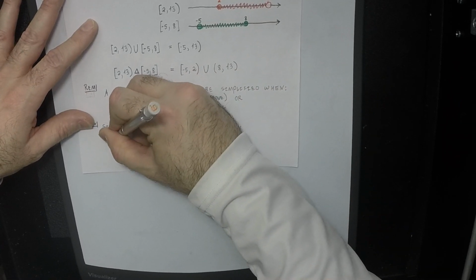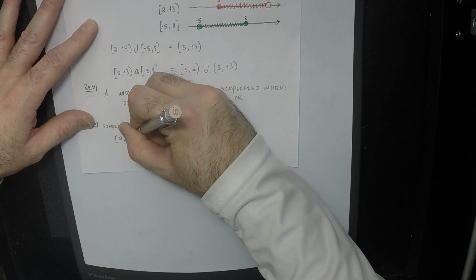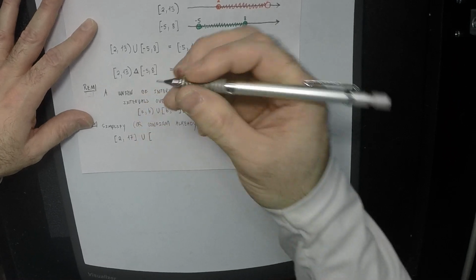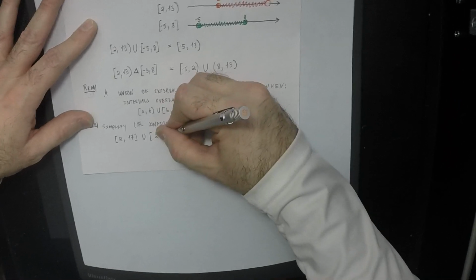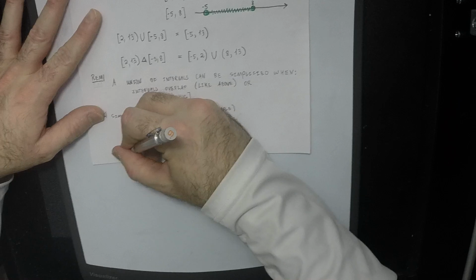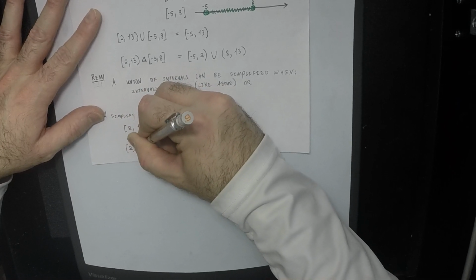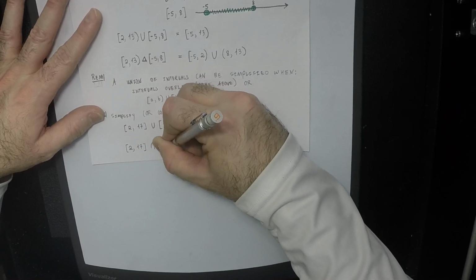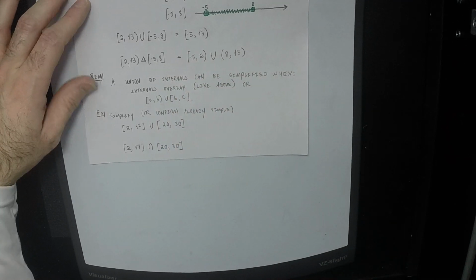How about 2 to 17 union 20 to 30, and 2 to 17 intersection 20 to 30. What do you think?